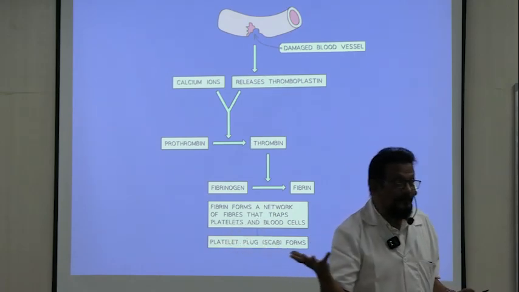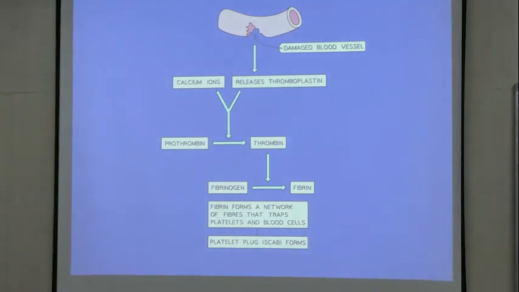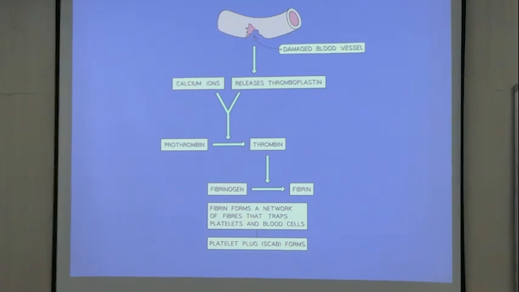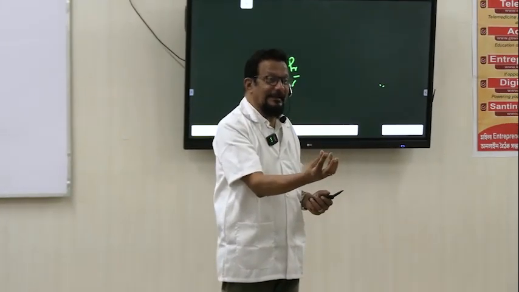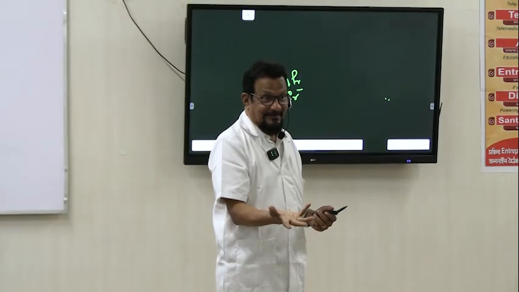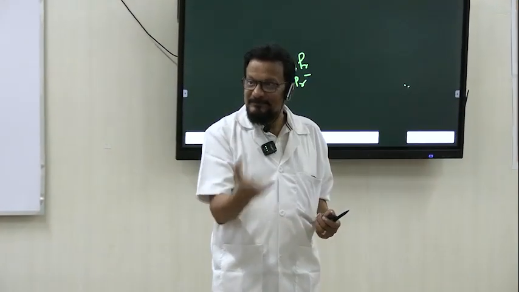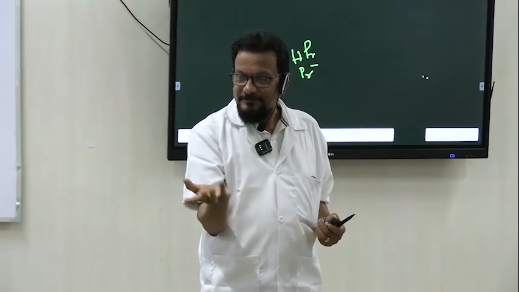A straw colored fluid, serum. This serum is different from plasma because it does not have any clotting factors. No fibrinogen, no prothrombin. So this is the difference.